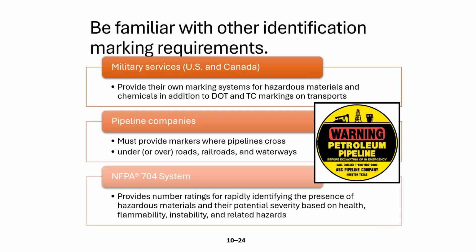The military has some marking systems that you should be aware of. It's used in fixed facilities, and may be seen on military vehicles, though you may or may not see that. The military placard system is not necessarily uniform, and some buildings and areas that store hazardous materials may not be marked due to security reasons.